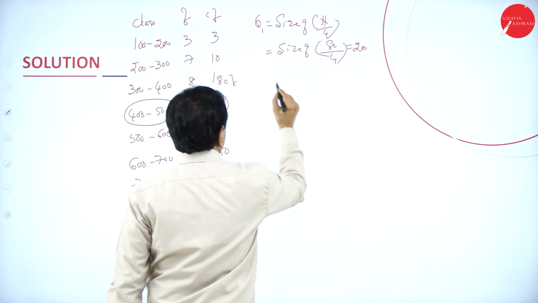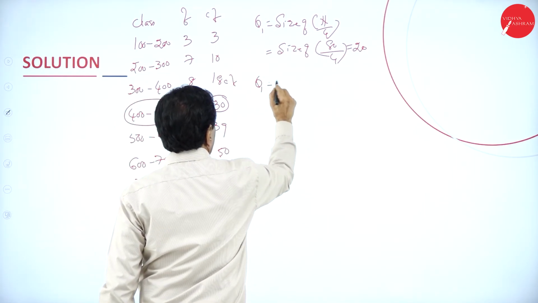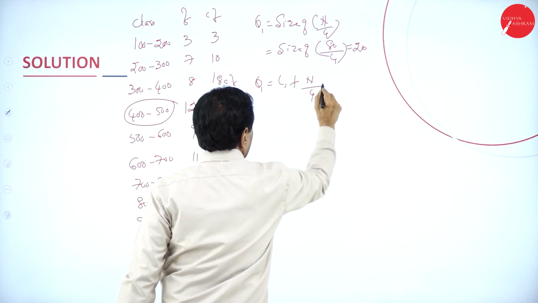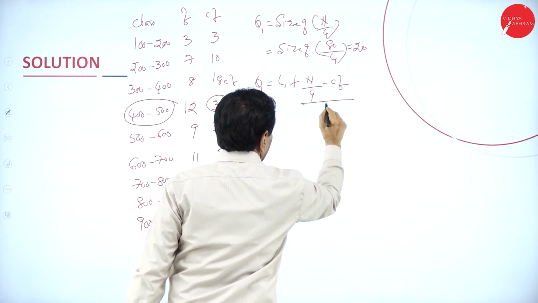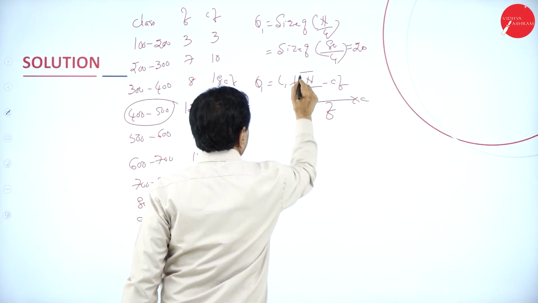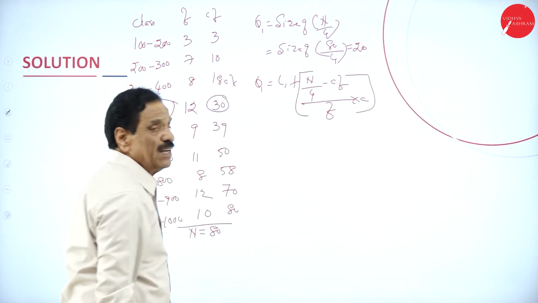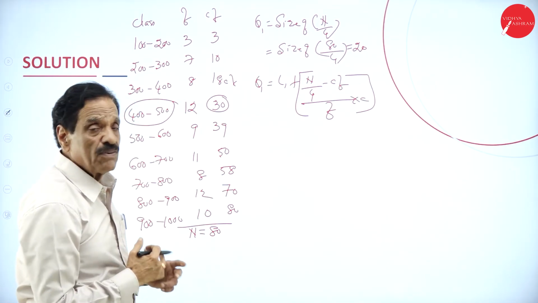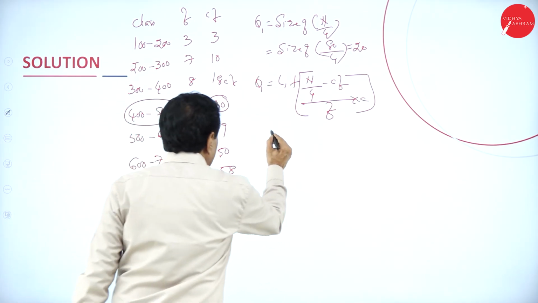This is your CF and this is your F. Q1 is equal to L1 plus N by 4 minus CF over F into C. Apply.